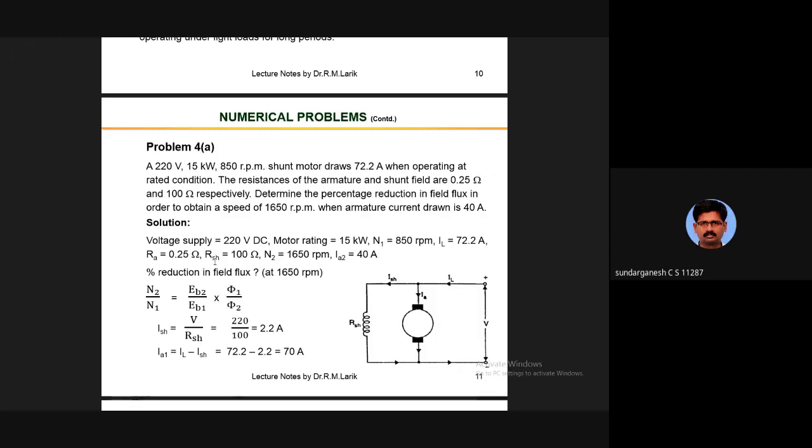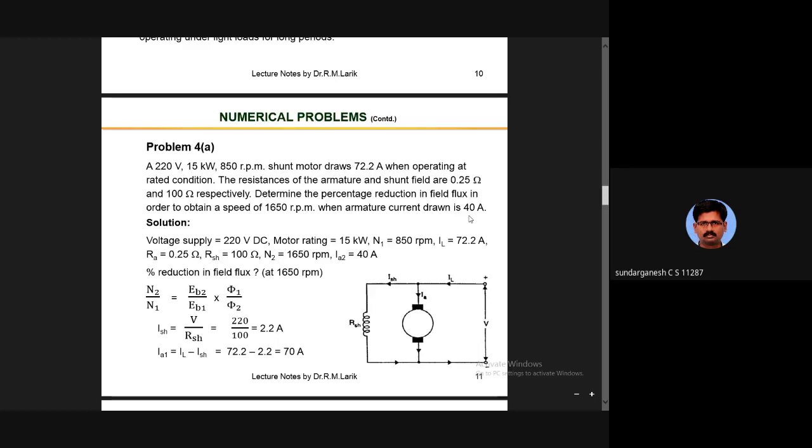The resistances of the armature and shunt field are 0.25 and 100 ohm. How can we determine it is a shunt motor? Because they have given the words shunt field. So it is a shunt motor. Determine the percentage reduction in field flux in order to obtain a speed of 1650 RPM when the armature current is 40 amps.